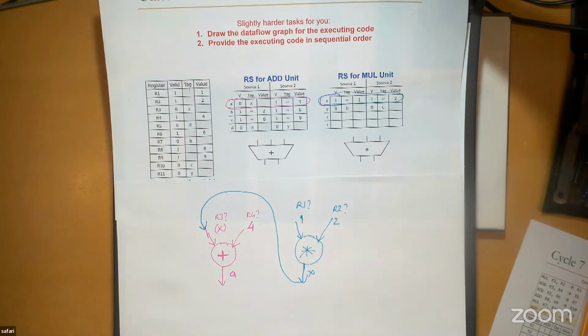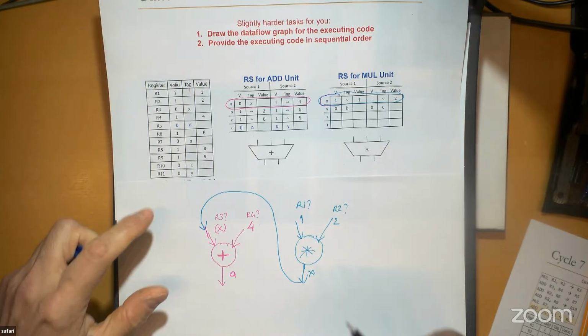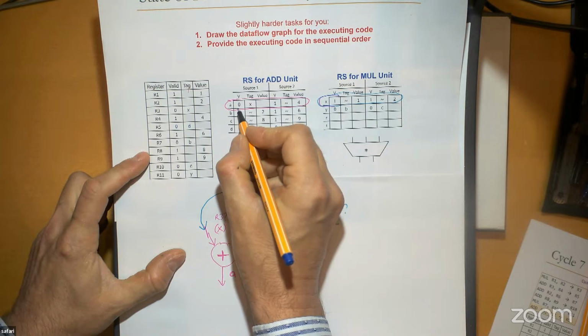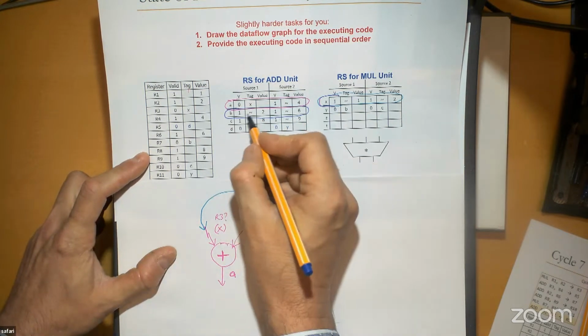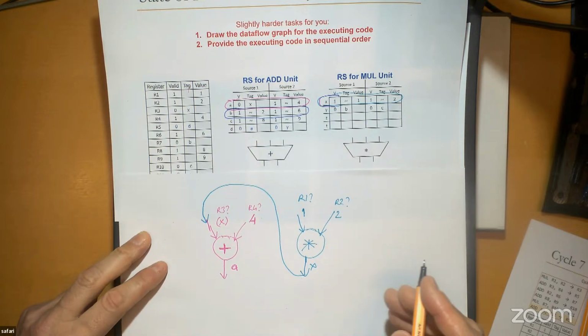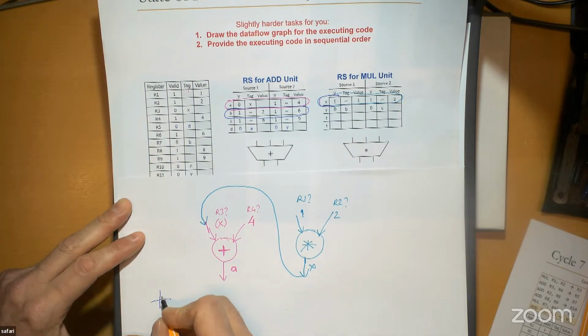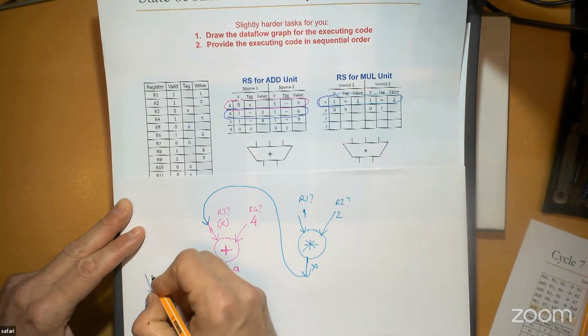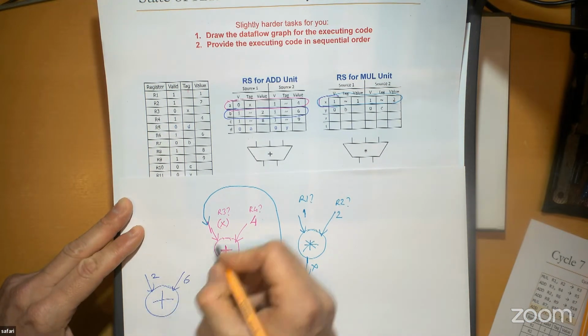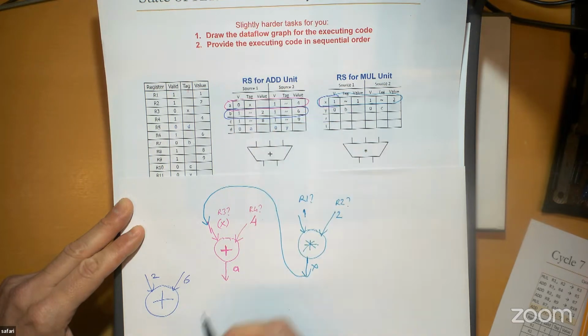Now, who am I going to go to next? Lou, what should we do? Should we do this one? This looks interesting, I think. Let's do another add, because both of the sources are ready, actually. So let's put this add somewhere over here. Again, I don't know much. I'm not thinking that much. One source is 2, it's ready. The other source is 6, it's ready. How do I know that? These valid bits, right?